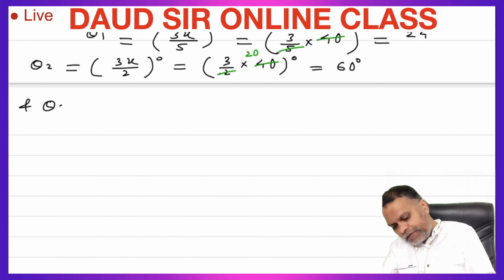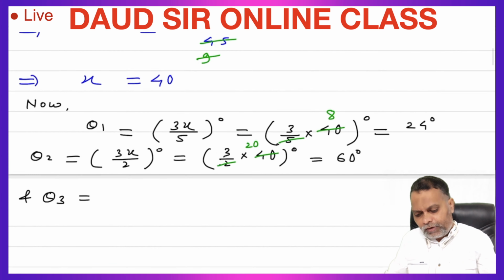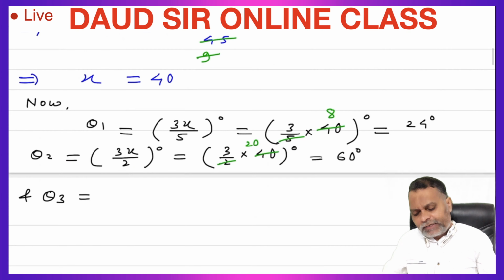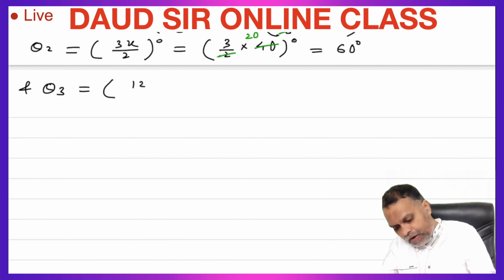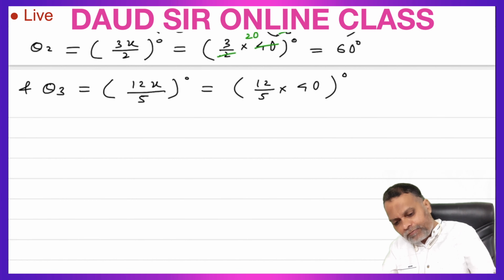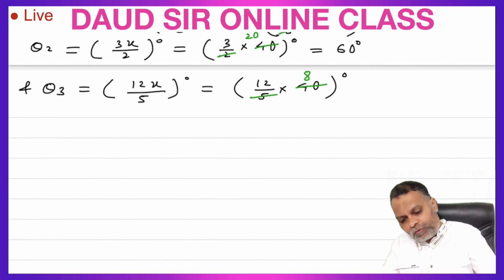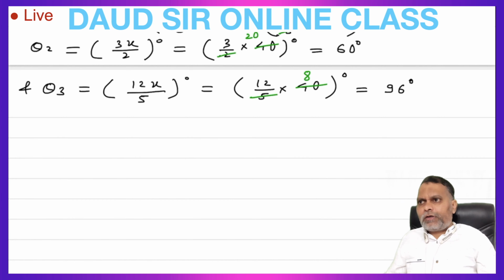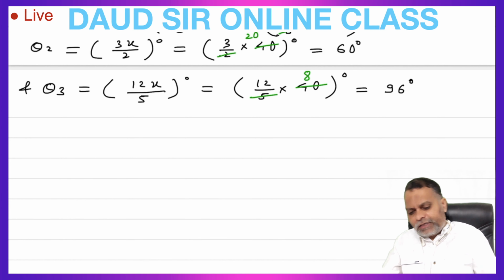And theta 3 is equal to 12x upon 5 degrees, which is equal to 12 upon 5 into x 40 degrees. 5 8s are 40 and 12 8s are 96 degrees.